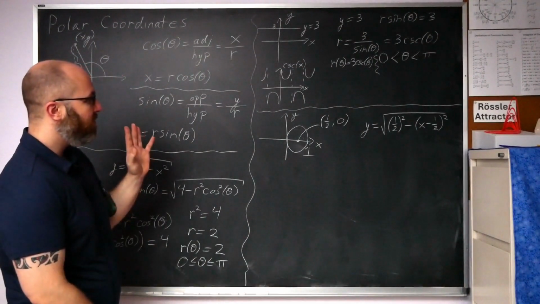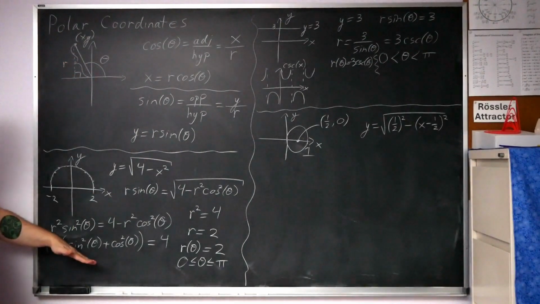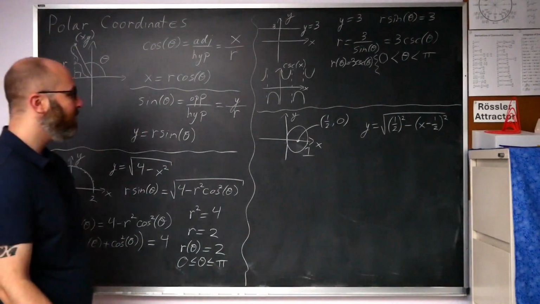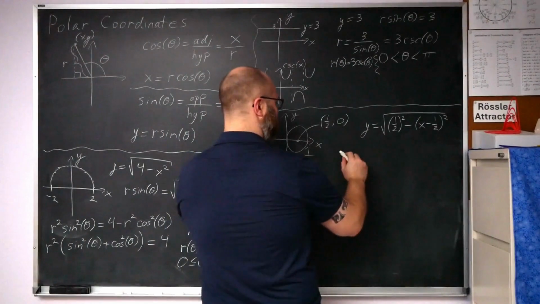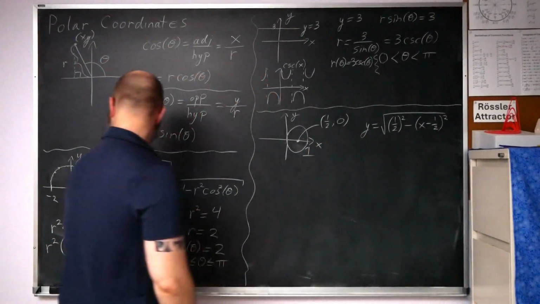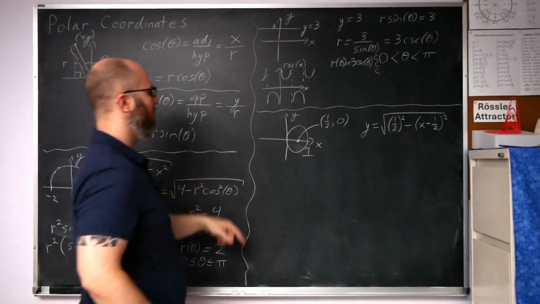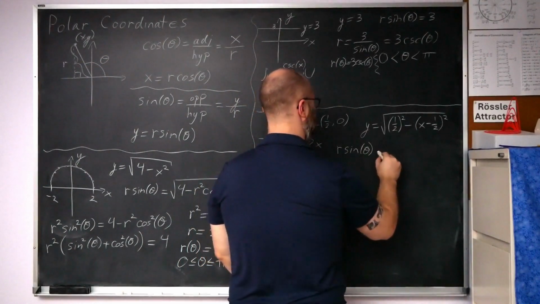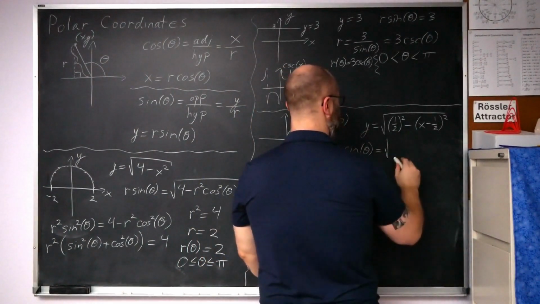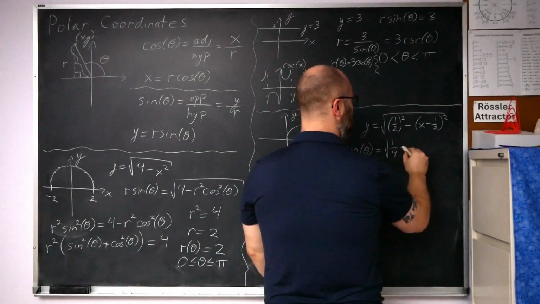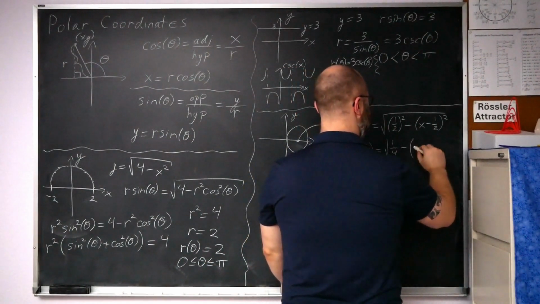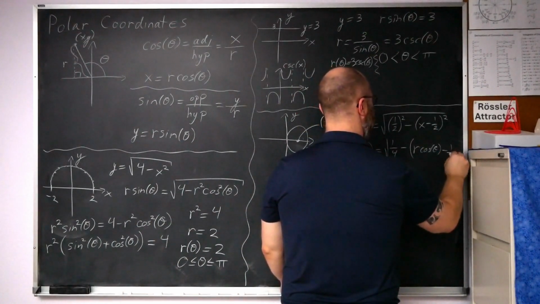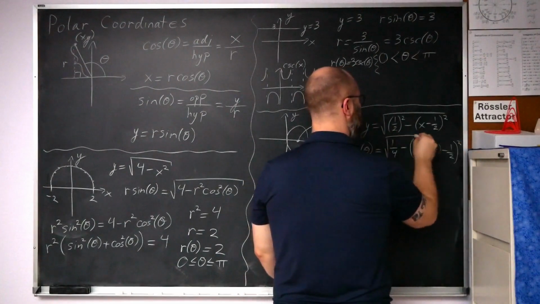Okay, so again, we're actually just going to blindly plug in x is equal to r cosine theta, y equals r sine theta. I'm going to get something a little interesting happening. So we've got r sine of theta is equal to square root of 1/4 minus r cosine theta minus 1/2 squared.